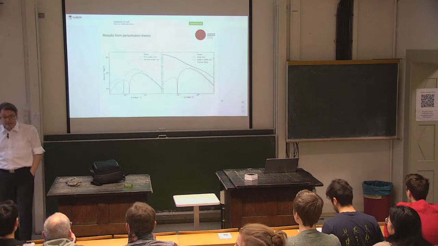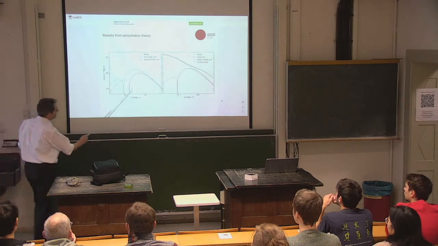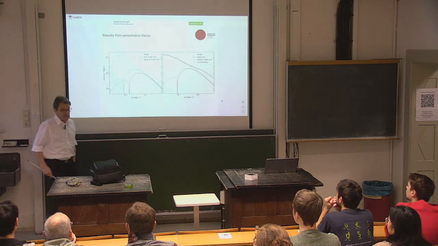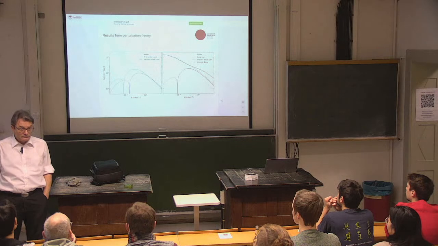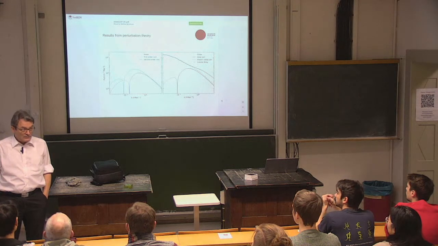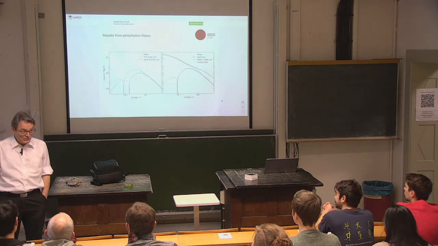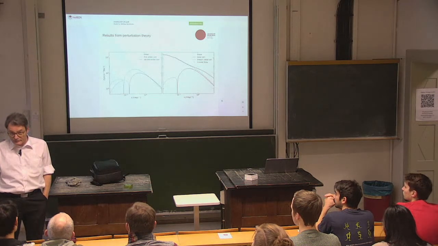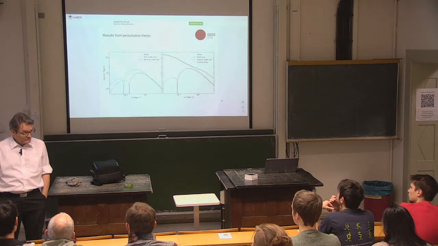And then something really troublesome happens. Right? The amplitude of the first order term is approximately equal to the amplitude of the second order term. This is something we don't like, because usually you would expect the second order to be much smaller than the first order, and this is not the case. And this is bad.